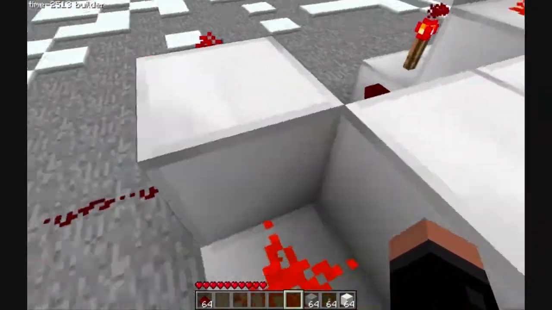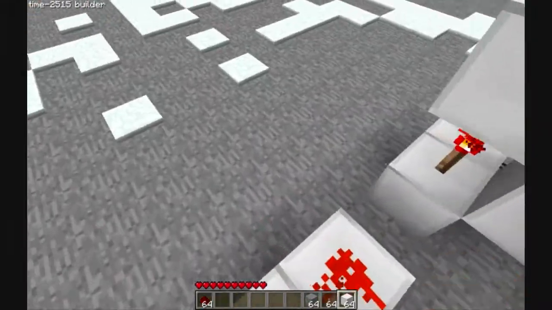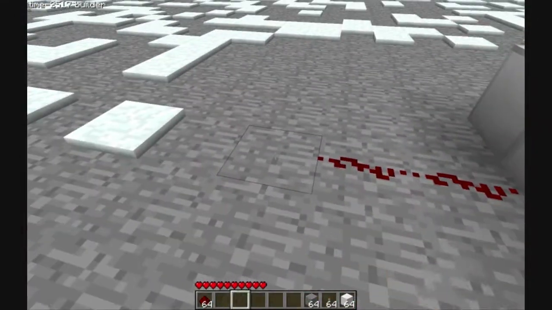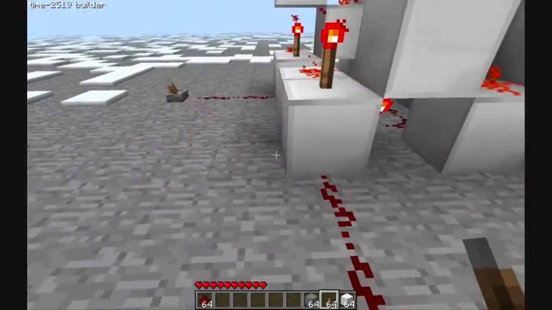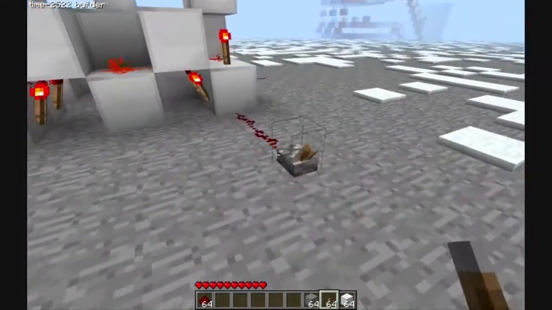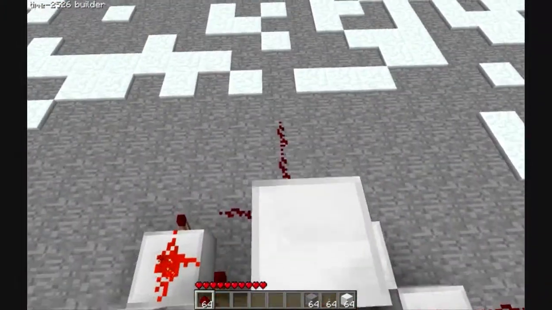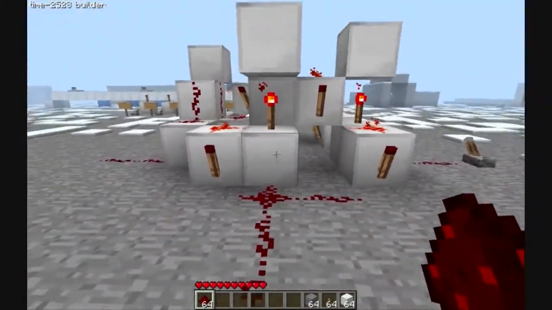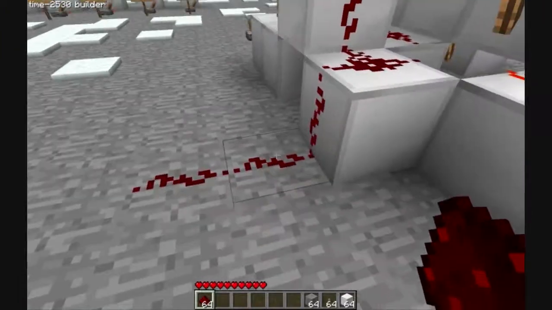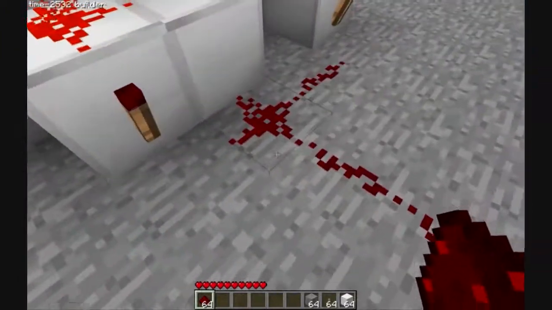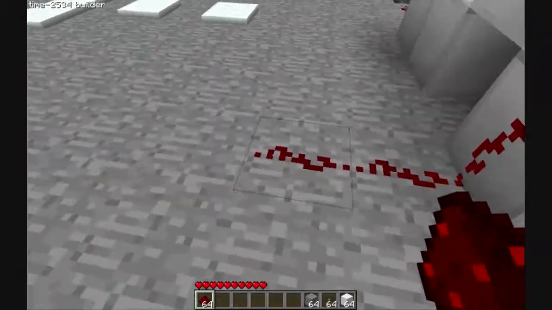So it has 3 inputs. I haven't shown this input right here, just quickly. It has 3 inputs: this one here, this one, and this one. And it has 2 outputs. Let's call them output 1 and output 2. Remember that this is output 1, this is output 2.